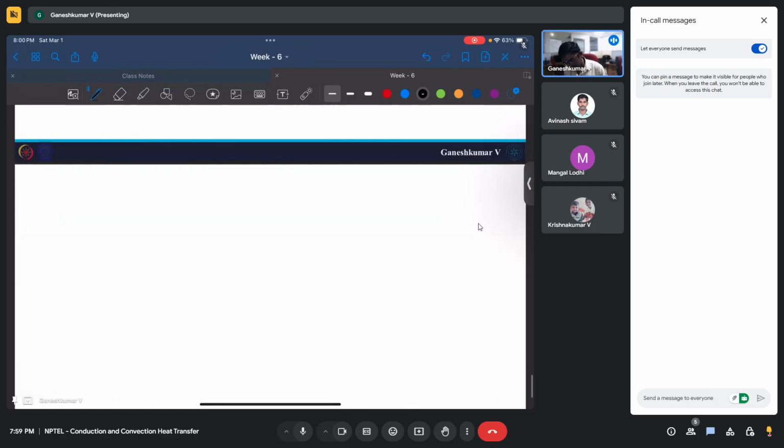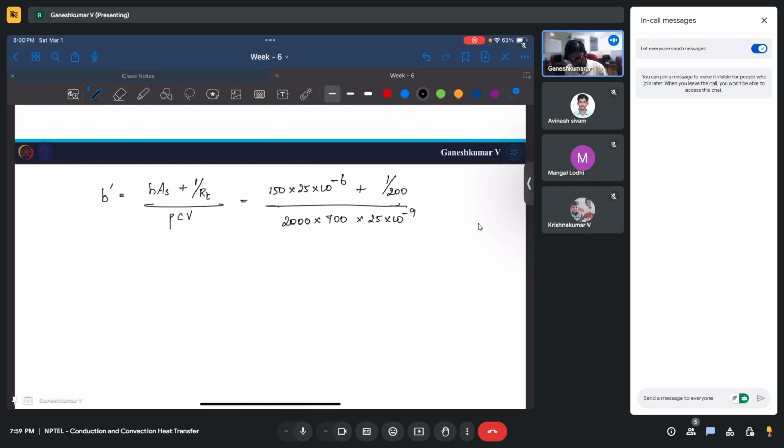Let's calculate this B dash first. B dash is (h_A_s plus 1 by R_T) divided by rho C V. h is 150, A_s is 25 millimeter square, so it's going to be 10 power minus 6, plus 1 divided by 200, whole divided by 2700. Volume is 25 millimeter cube, so it's going to be 10 power minus 9.